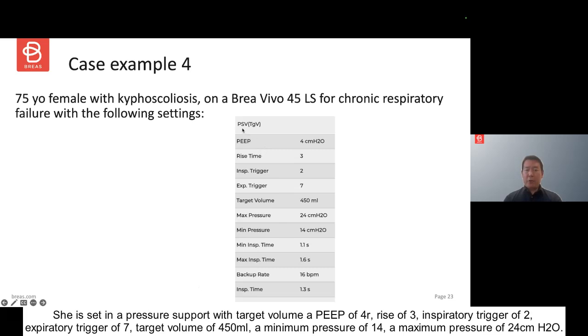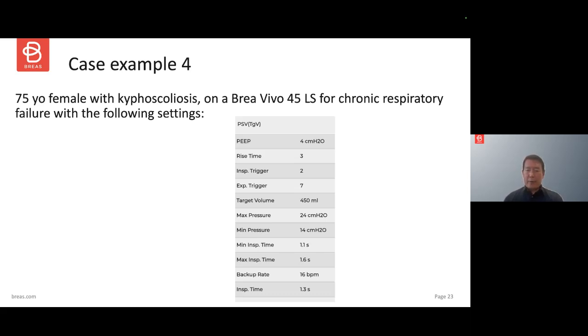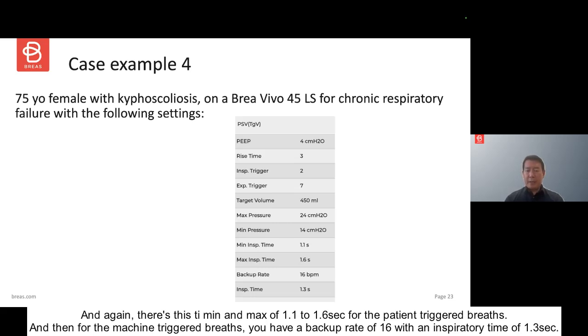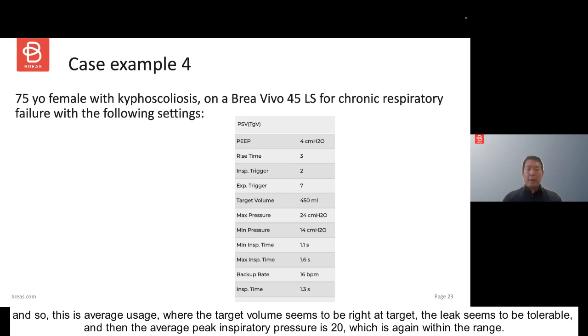She is set in a pressure support with target volume, a PEEP of 4, rise of 3, inspiratory trigger of 2, expiratory trigger of 7, target volume of 450, a minimum pressure of 14, a maximum pressure of 24, and again, there's this TI min and max of 1.1 to 1.6 for the patient-triggered breaths, and then for the machine-triggered breaths, you have a backup rate of 16 with an inspiratory time of 1.3.